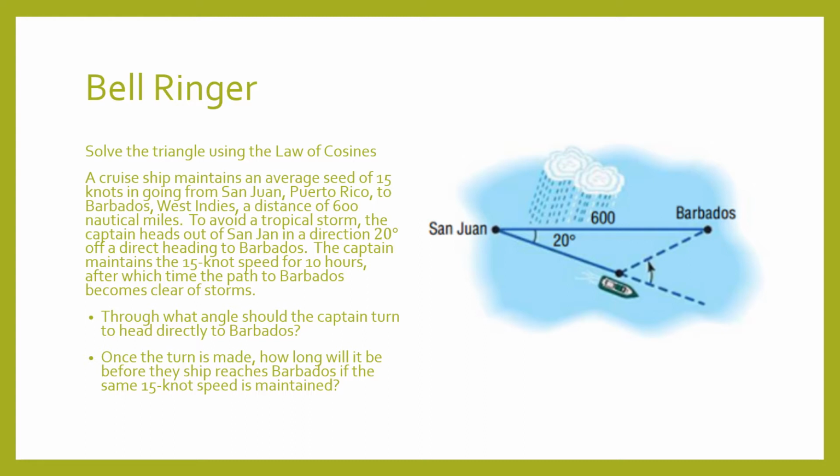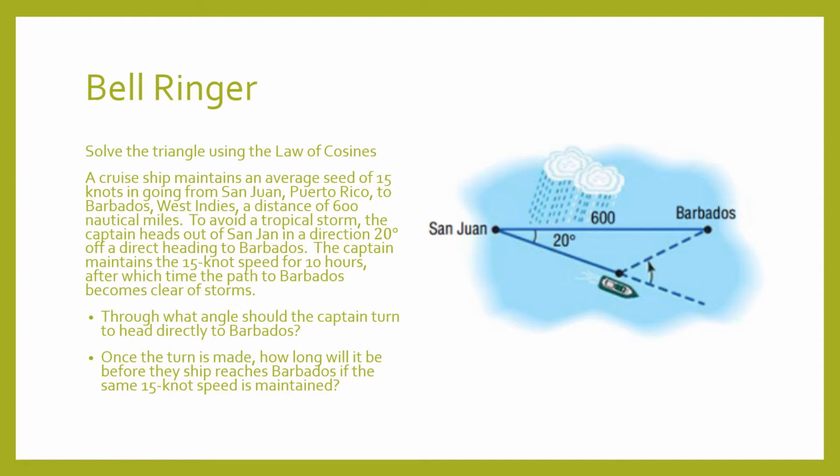A cruise ship maintains an average speed of 15 knots in going from San Juan, Puerto Rico to Barbados, West Indies, a distance of 600 nautical miles. To avoid a tropical storm, the captain heads out of San Juan in a direction 20 degrees off a direct heading to Barbados.